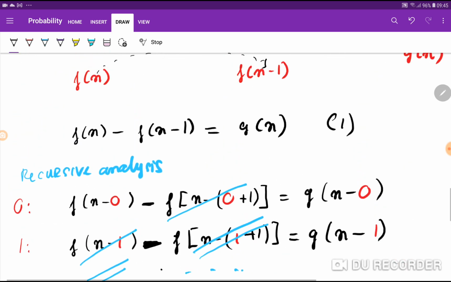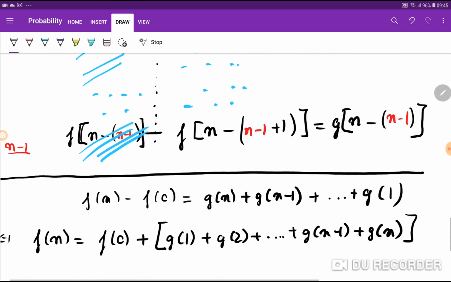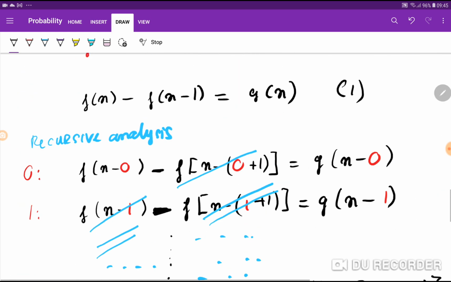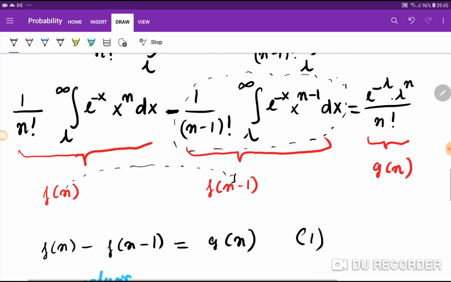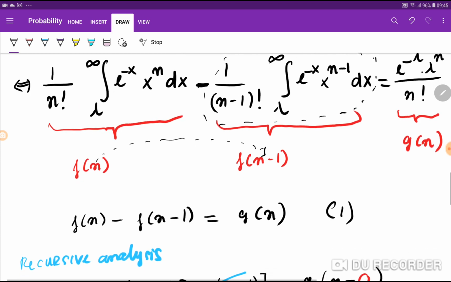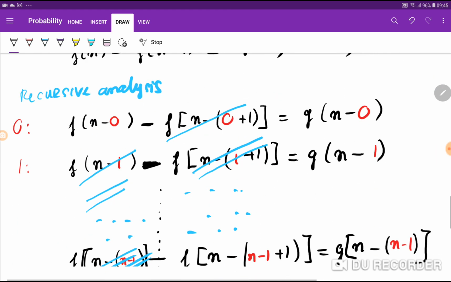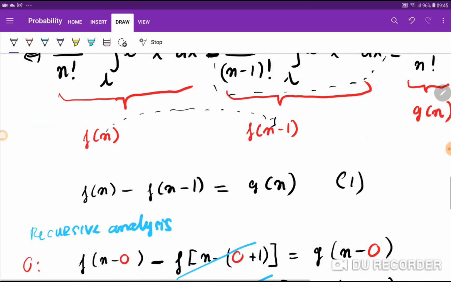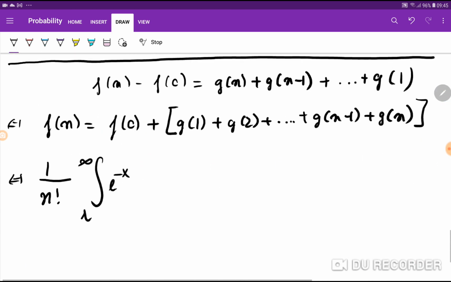What's our f? f_n is this: 1 over n factorial, the integral from lambda to infinity of e to the power negative x, x^n dx.